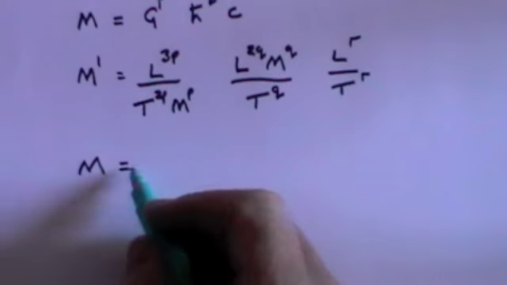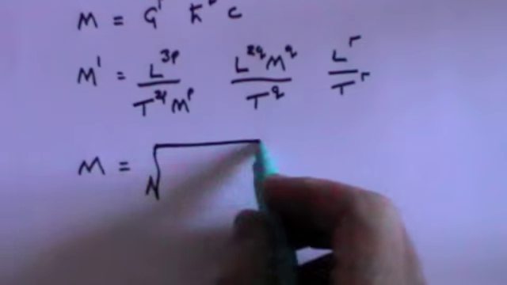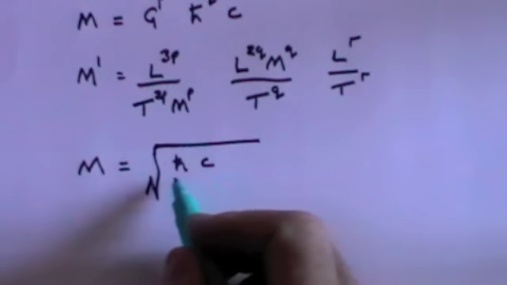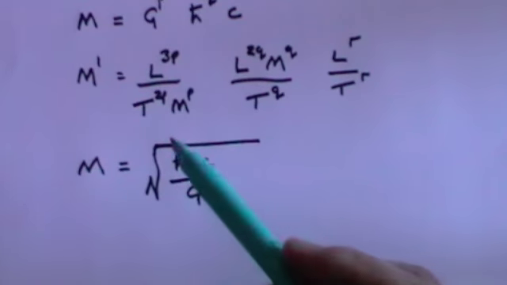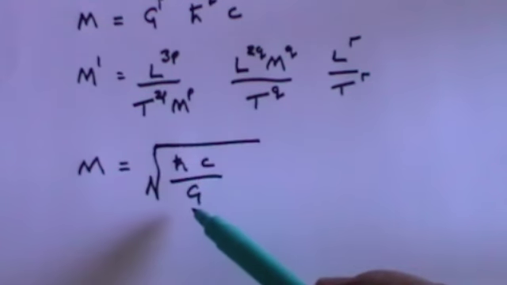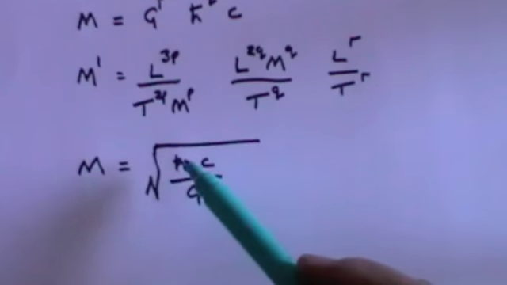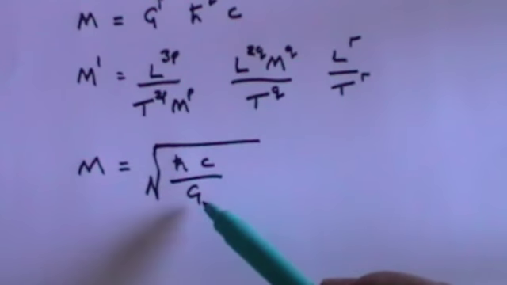So if you do that, what you find is that m becomes equal to the square root of h bar c over G. And if you look at the dimensions of h bar, c and G, and you multiply and divide the dimensions in this way and take the square root, you will get a unit of mass.